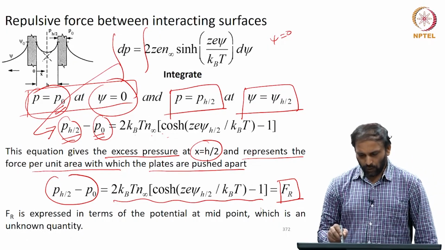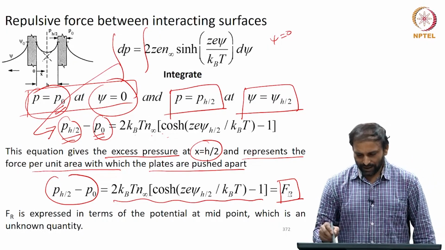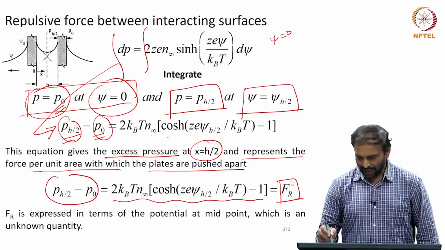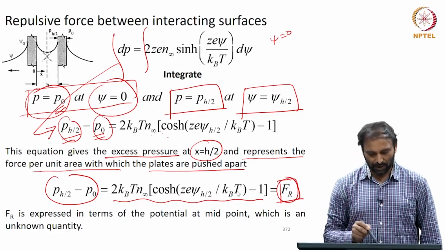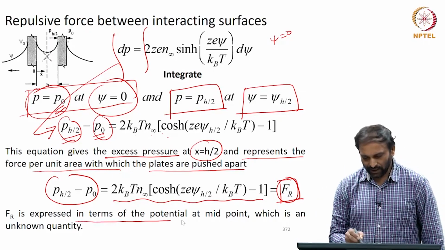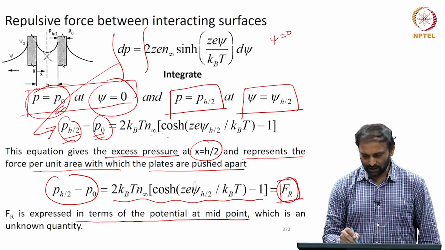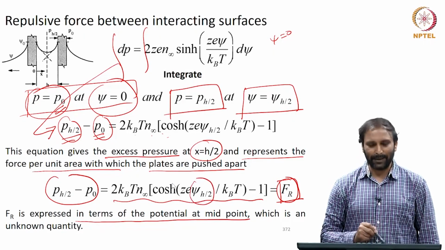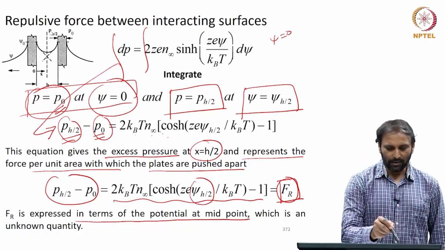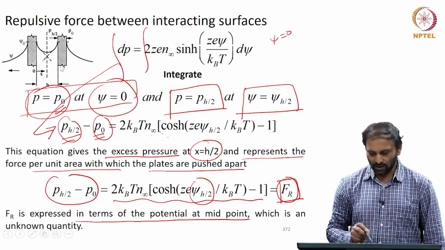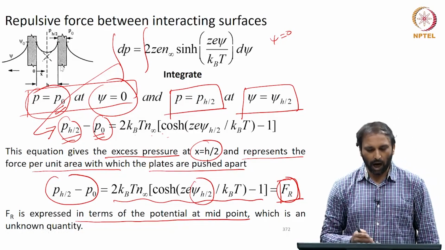So, therefore, what we are trying to do here is that if you look at this expression for Fr, which is the force of repulsion, it is expressed in terms of the potential at the midpoint. That is, it is expressed in terms of psi at h by 2, the potential at the midpoint between the two plates, and of course, this is an unknown quantity.